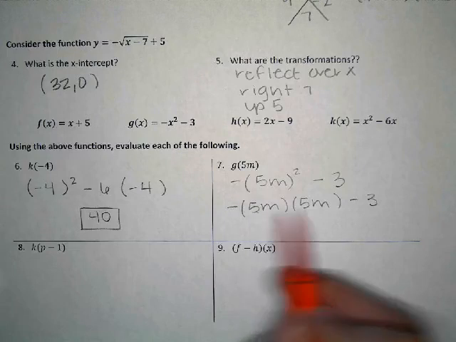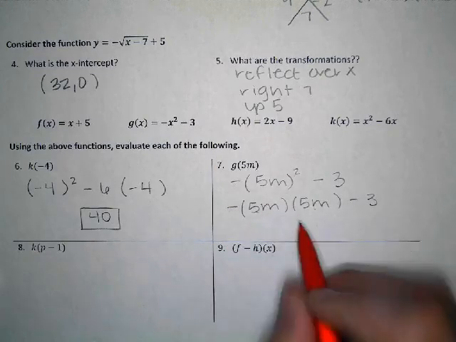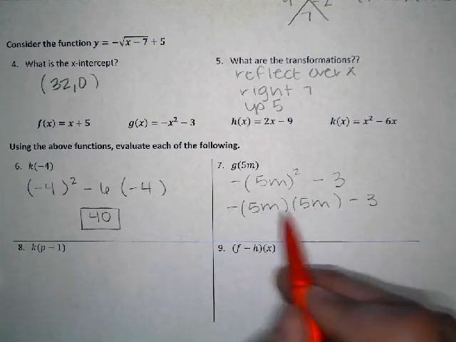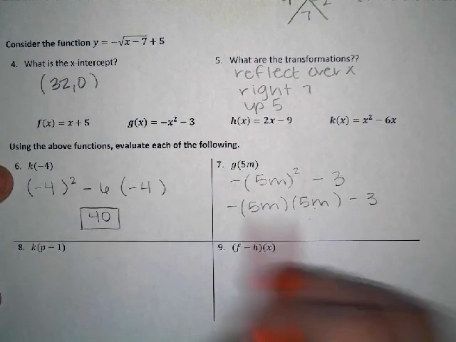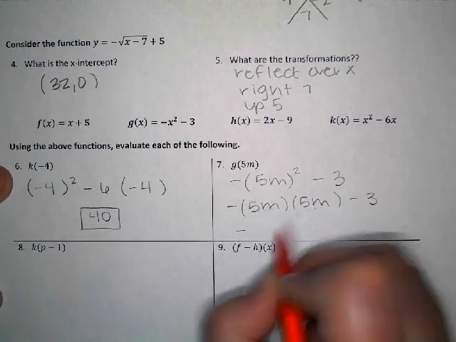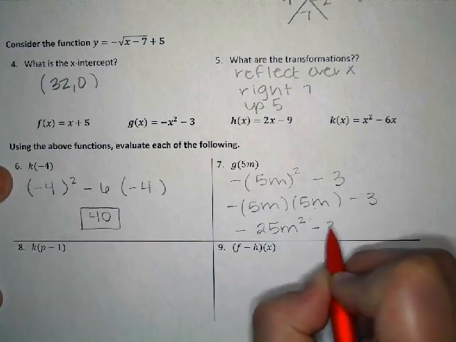Yeah, so when we multiply these, we just get 25m squared, and then it just happens to have a negative in front of it. So there's not really anything to distribute because there's no plus or minus in here to have more than one thing that gets the negative. It's just one piece altogether that's going to happen to be negative. So negative, this is 25m squared with a minus 3 on the end.